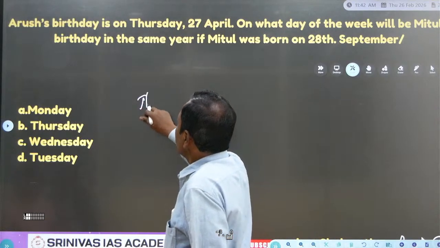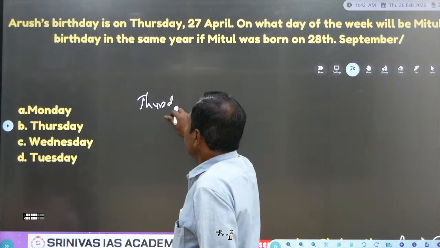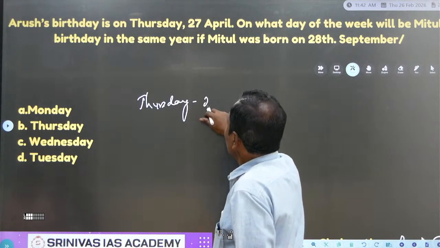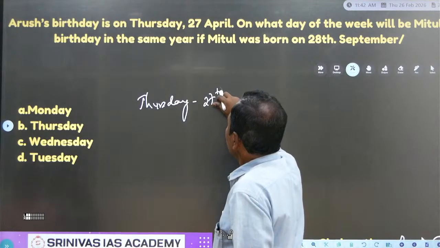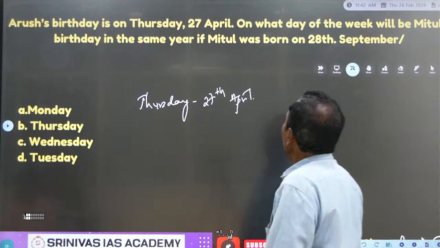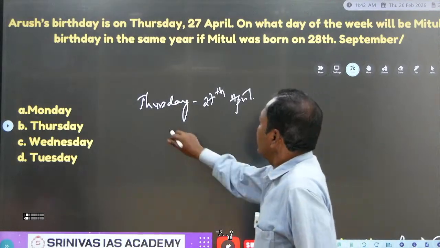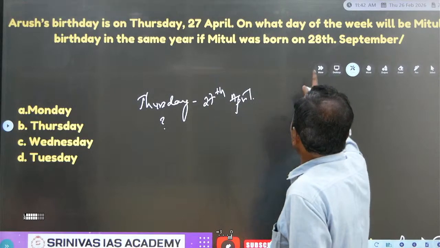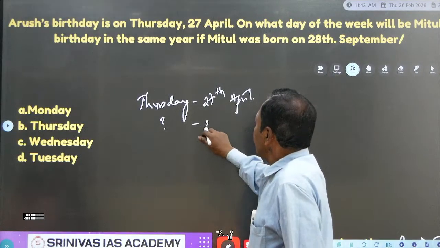Arush's birthday is on Thursday, 27th April. On what day of the week is Mithil's birthday, if Mithil was born on 28th September?